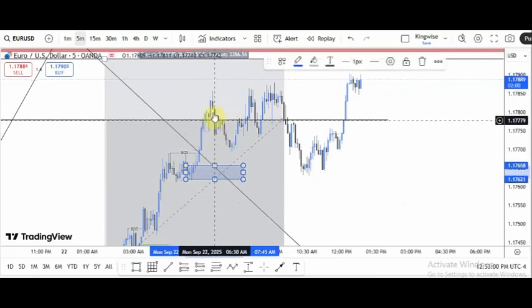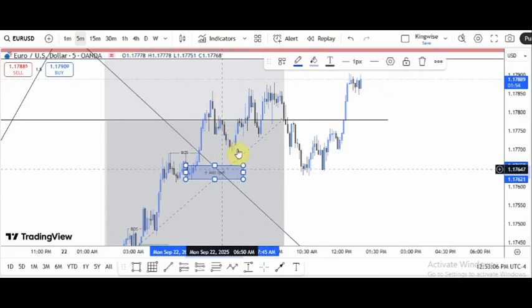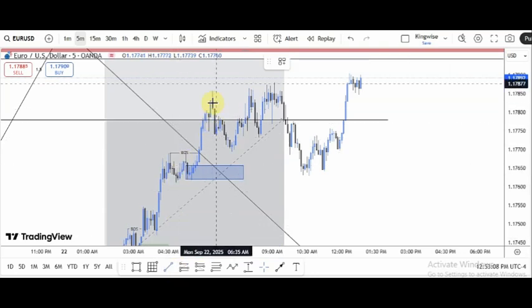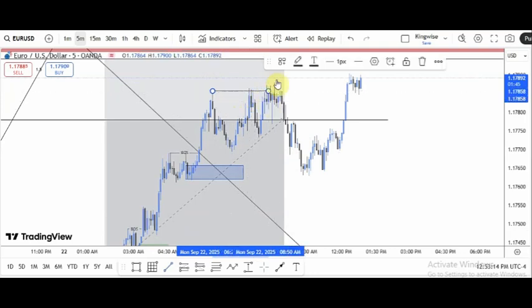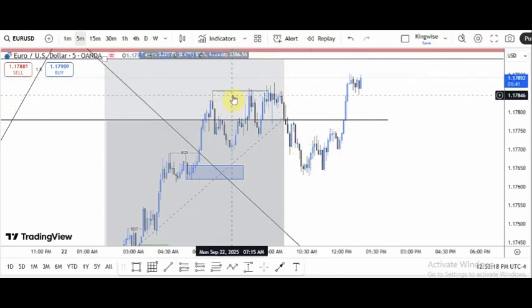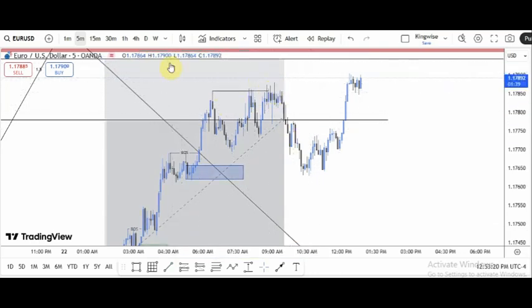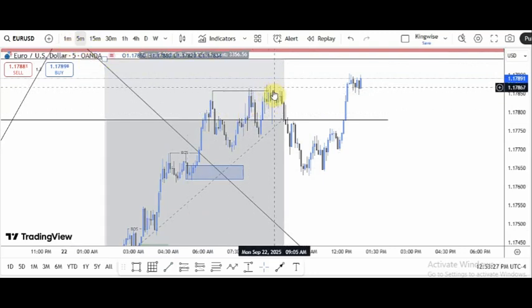Price went all the way up, did not come into it, came down to this low, created this low, and after creating this low, what did it do? It took out this high. Even though this is more like a sweep of liquidity, because it did not close with a full body candle, if you go down to lower time frames like 3 minutes and 1 minute, you see it as a break of structure because it will close with a body candle.